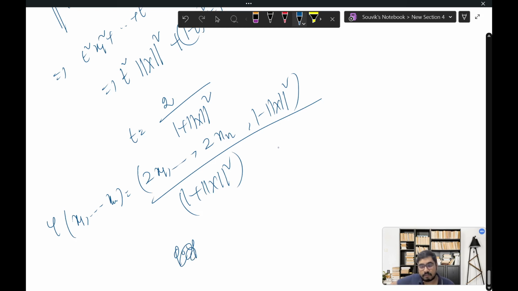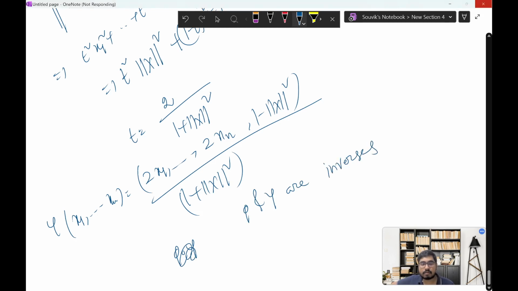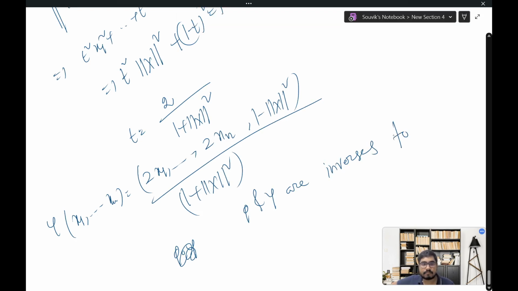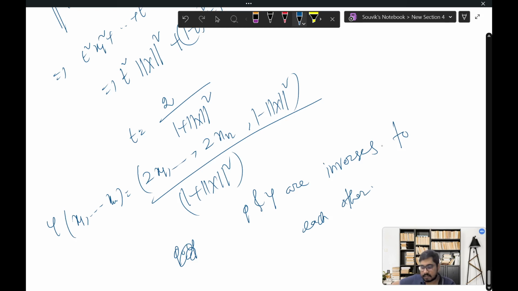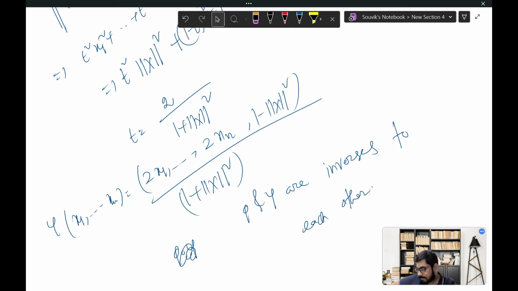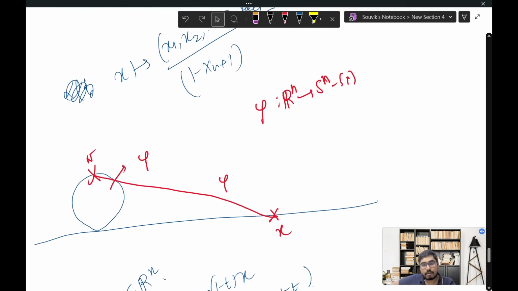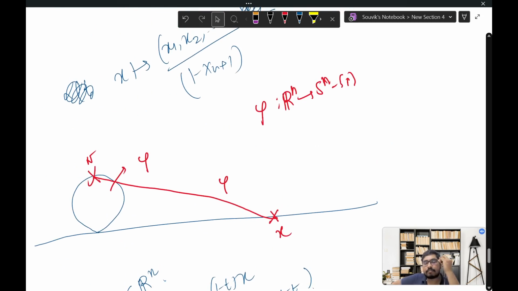I mean, it's not difficult to show that phi and psi are inverses of each other. Okay. So this is stereographic projection. Basically, stereographic projection tells that Sn minus a point P is homeomorphic to Rn.